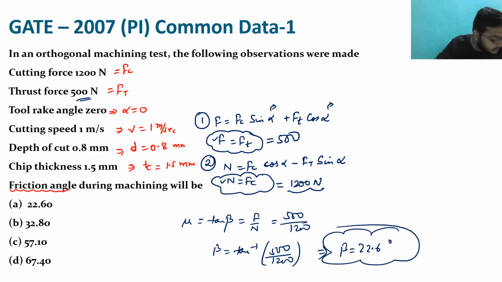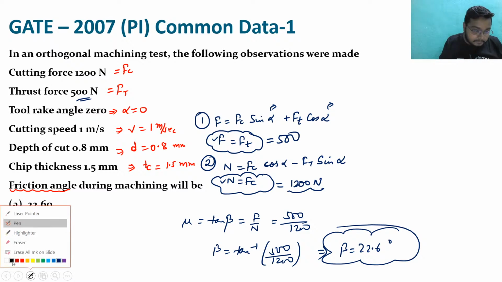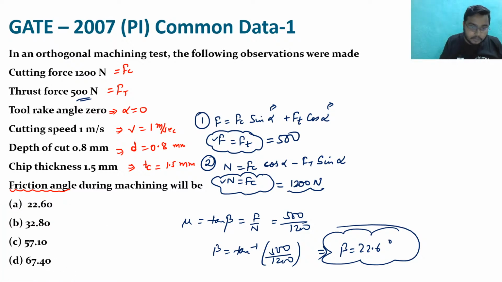Yes, yes. Tan beta equal to F by N will be a one step method. Yes, this is the way, but I am explaining in more detail. Correct, Mukta? That is definitely. If I am solving this question, these calculations are in my mind.